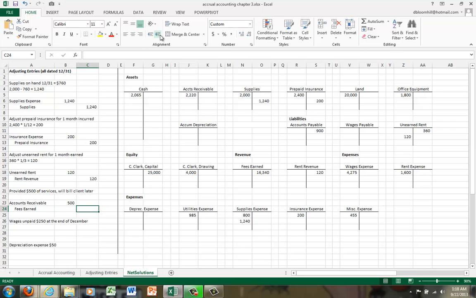Again, our entries always balance, so that is going to be for $500 on the credit side. So we're going to go to the accounts receivable account. We're going to post $500 on the debit side to accounts receivable. That's that first line right over here. For the second line, we go to the fees earned account and we post $500 on the credit side.